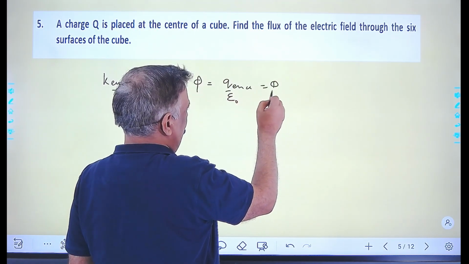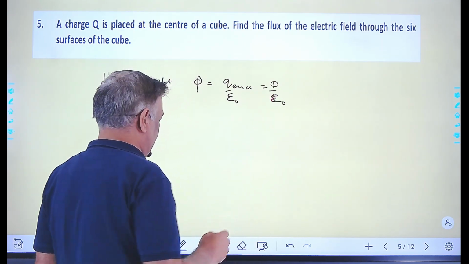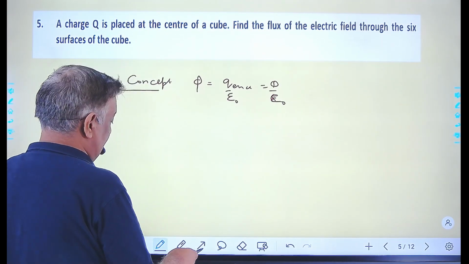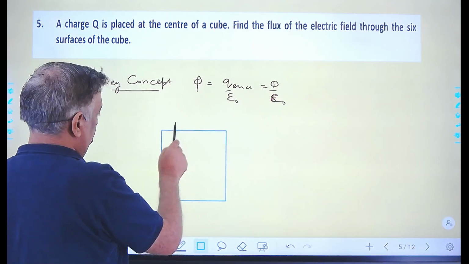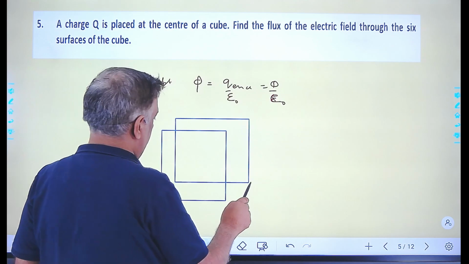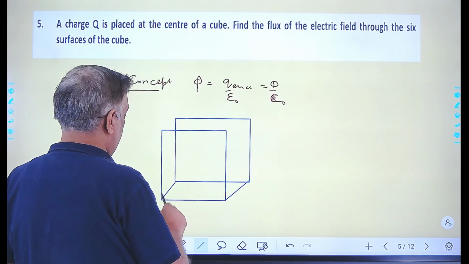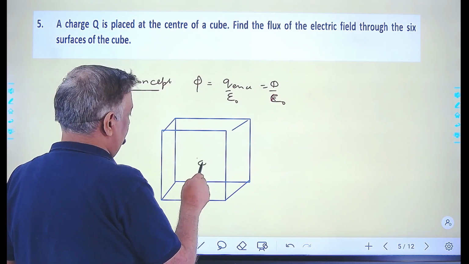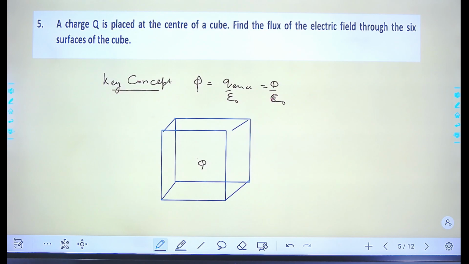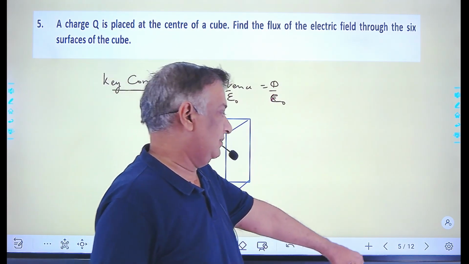Because charge enclosed is Q, the flux is Q by epsilon naught, as it is given to us. You have a charge Q placed over here, so flux through all six faces is Q by epsilon naught.